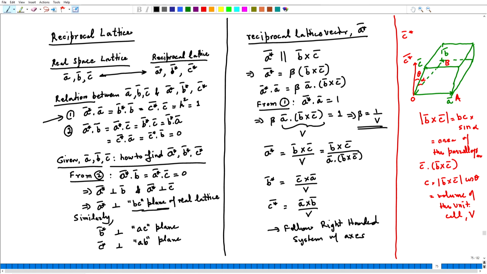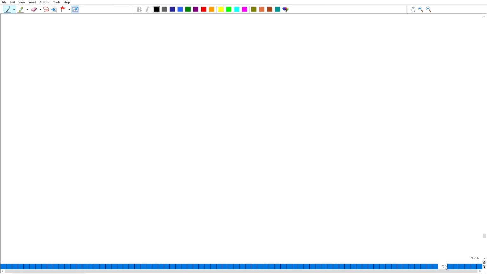Now, let us examine a bit more what happens if I take the reciprocal of the reciprocal lattice.